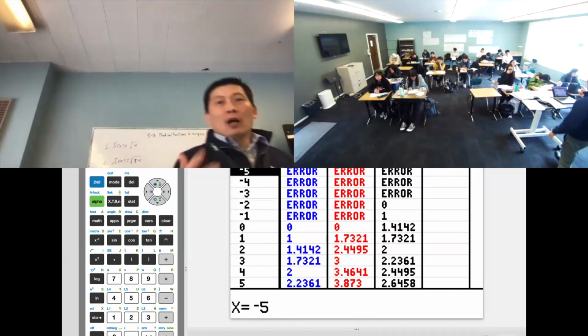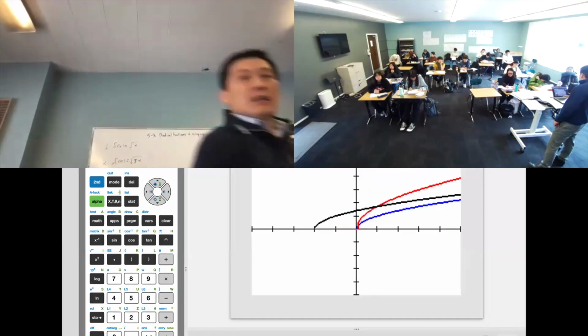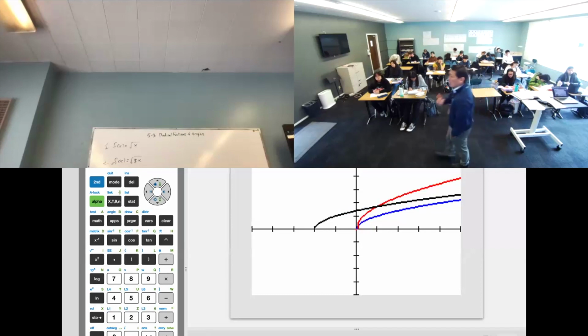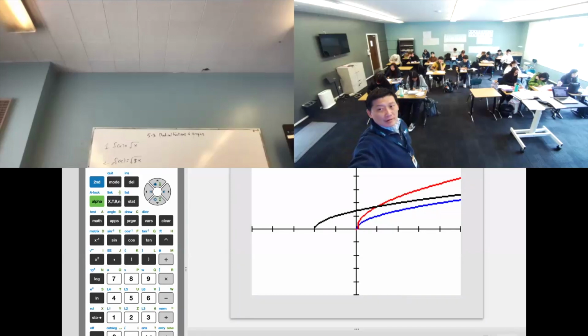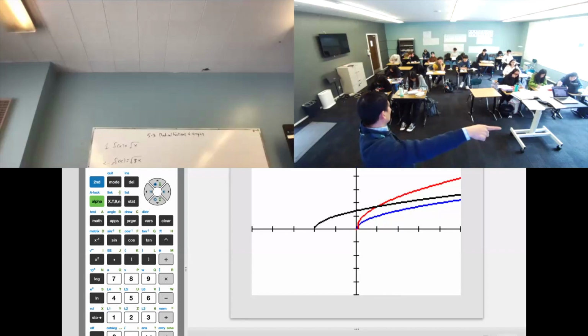On the graph, it makes sense. It's the same blue graph, except everything gets shifted 2 units over to the left, to the negative direction.